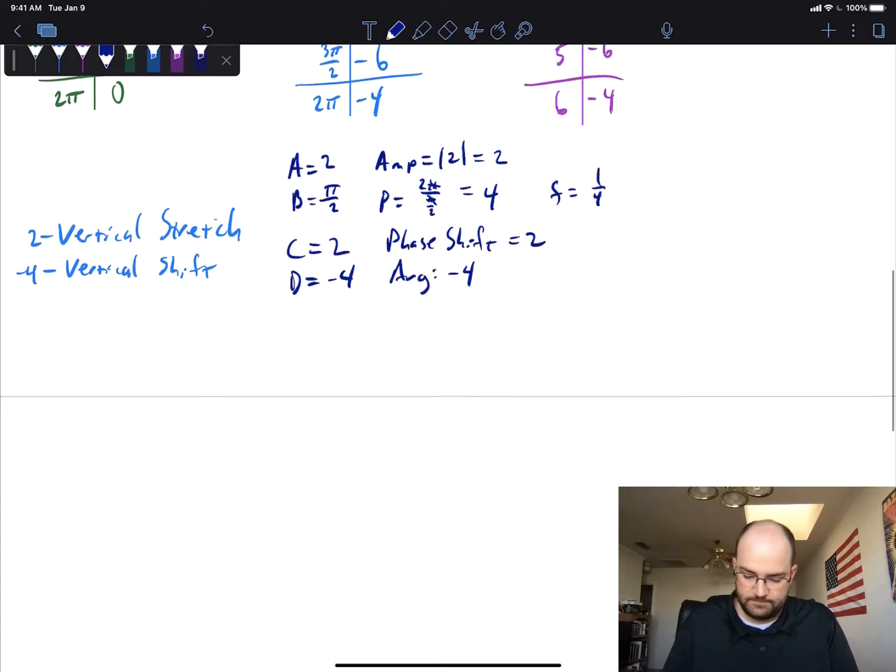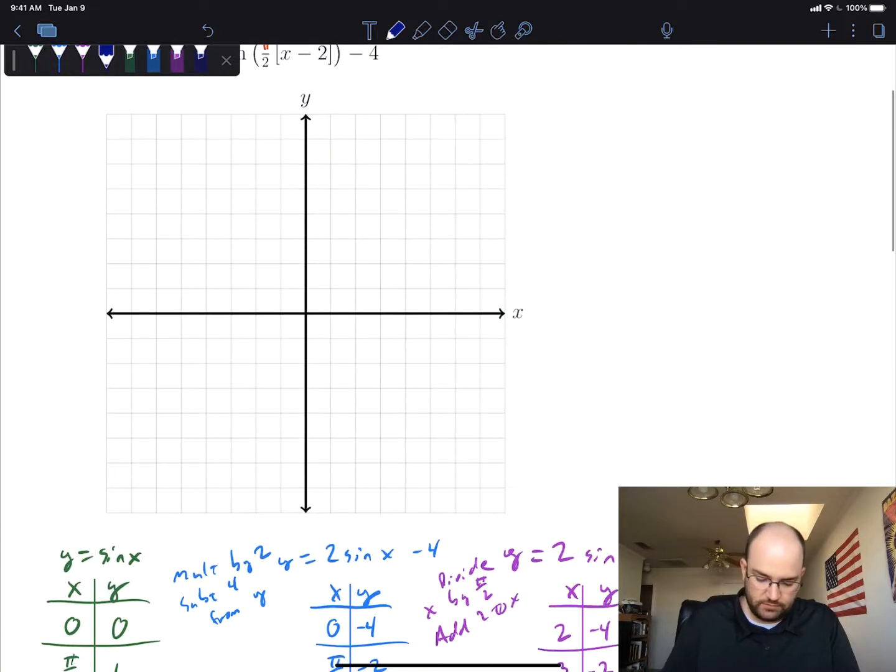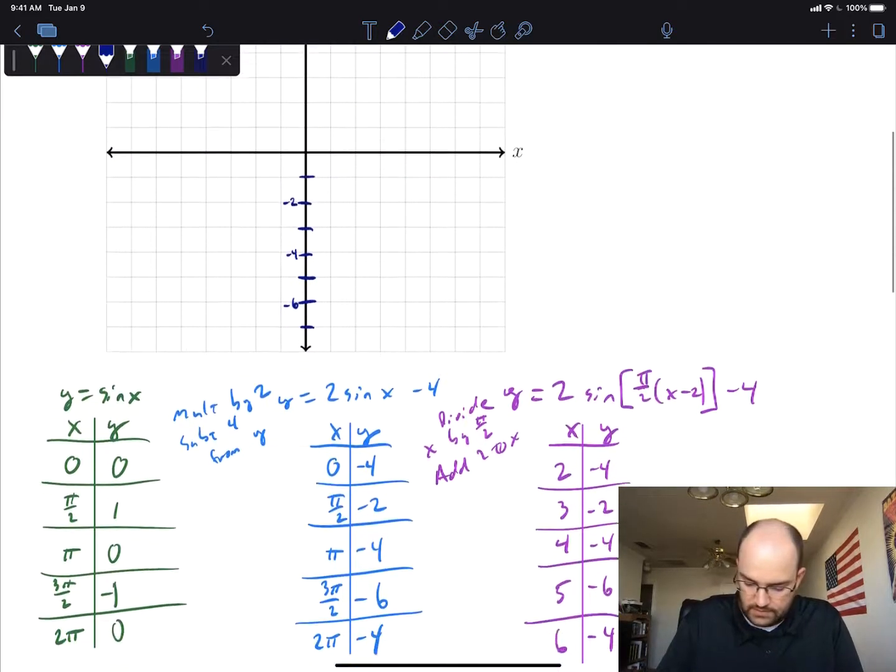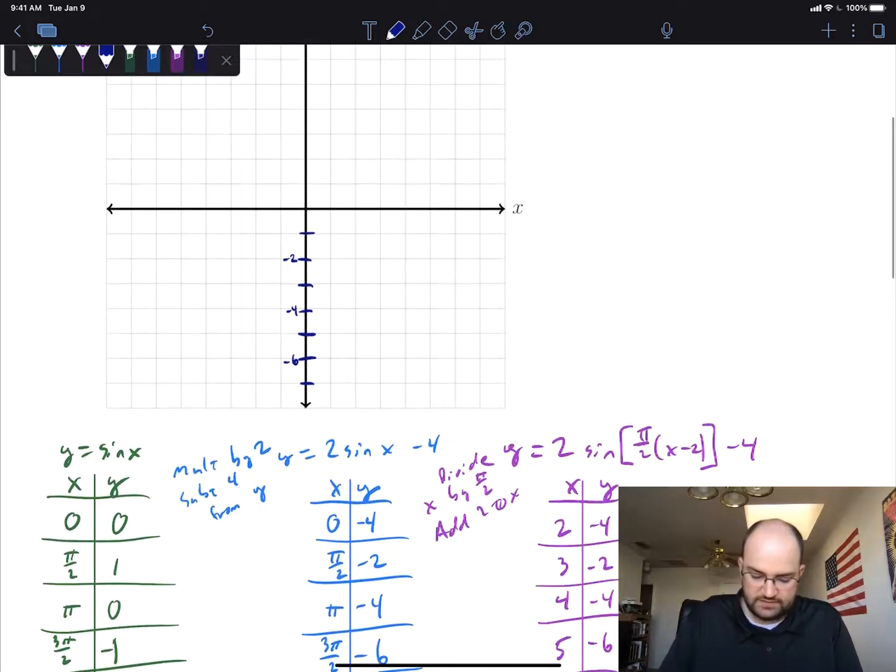Awesome. Now that we know all that, let's go ahead and go up here. I'm going to make this as 1, 2, 3, 4, 5, 6, 7. So -2, -4, -6. And this doesn't really matter if we go up or not because everything's in the negatives. And then we're at 2, 3, 4, 5, 6, which means I'm going to make this 1, 2, 3, 4, 5, 6, 7.